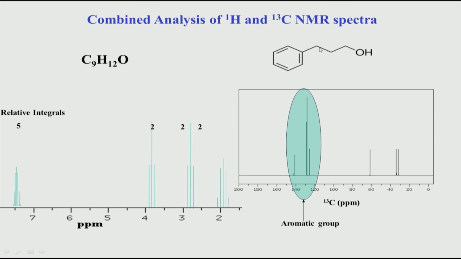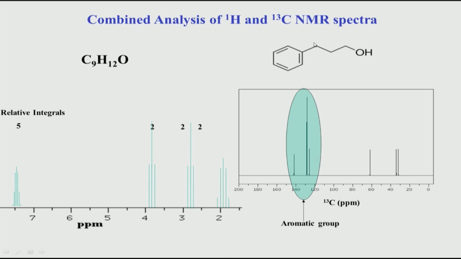Now, if you look at this peak here, this carbon and hydrogen are attached to an electron withdrawing group, the benzene, the aromatic ring. Therefore, we expect them to be downfield shifted. So, out of these 2 peaks here, the methylene, one of them is this carbon, the other is this. But what about the protons?